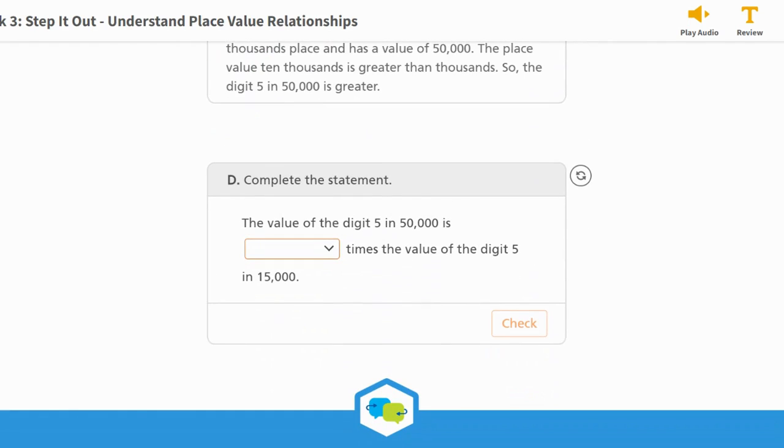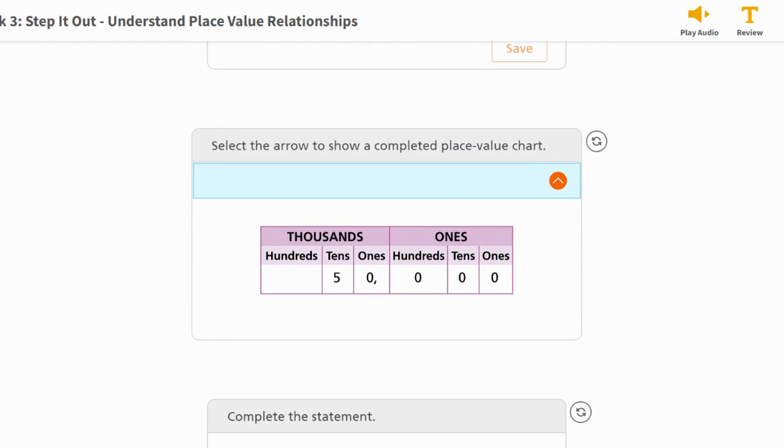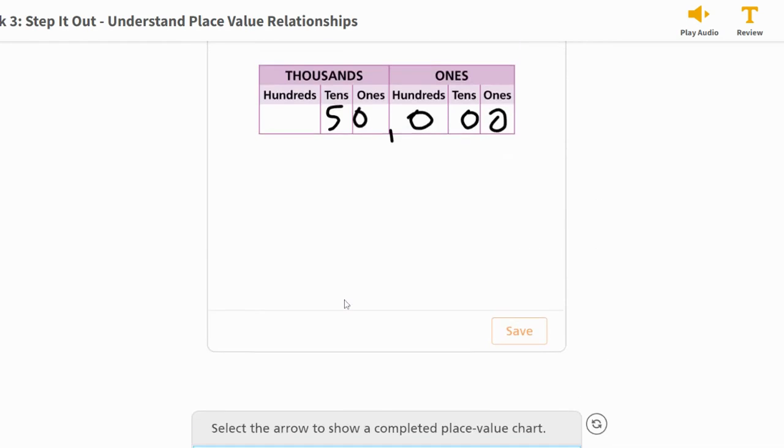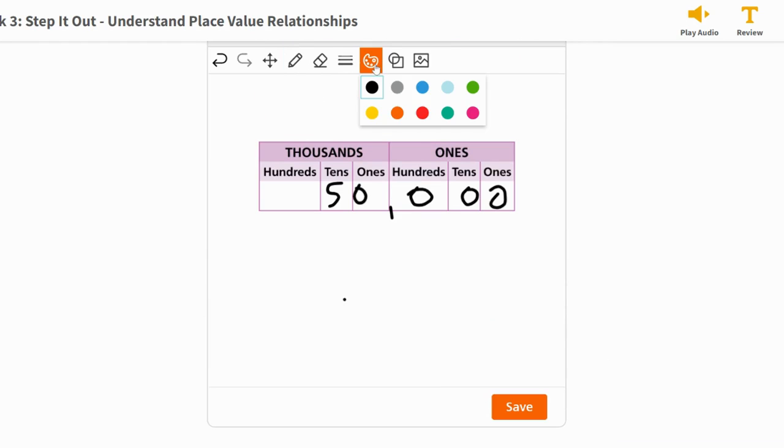Letter D, let's complete the statement. The value of the digit 5 in 50,000 is how many times the value of the digit 5 in 15,000? Okay, so let's remember what I said about numbers. Each place, I'm going to write it up here in pen for you in green. Each place is 10 times bigger when you go this way.